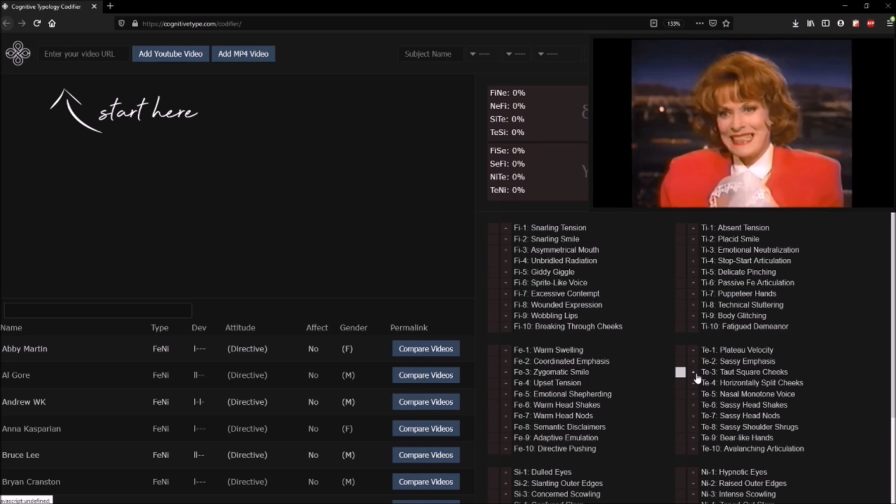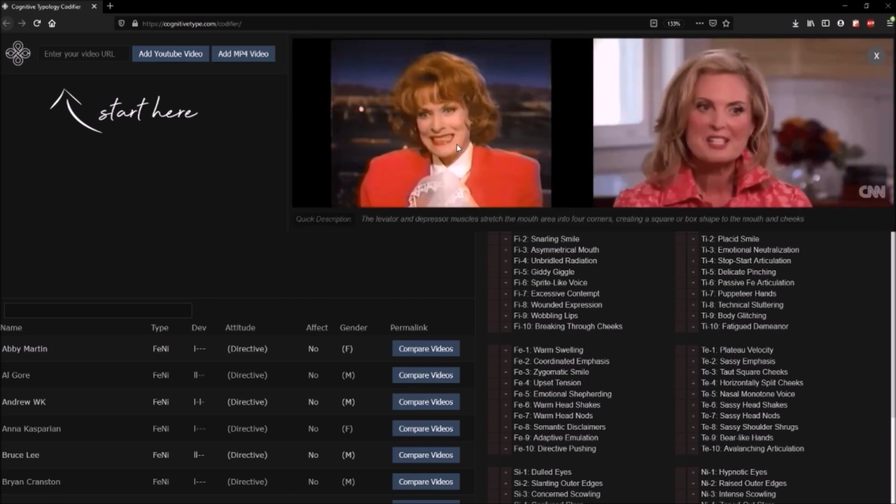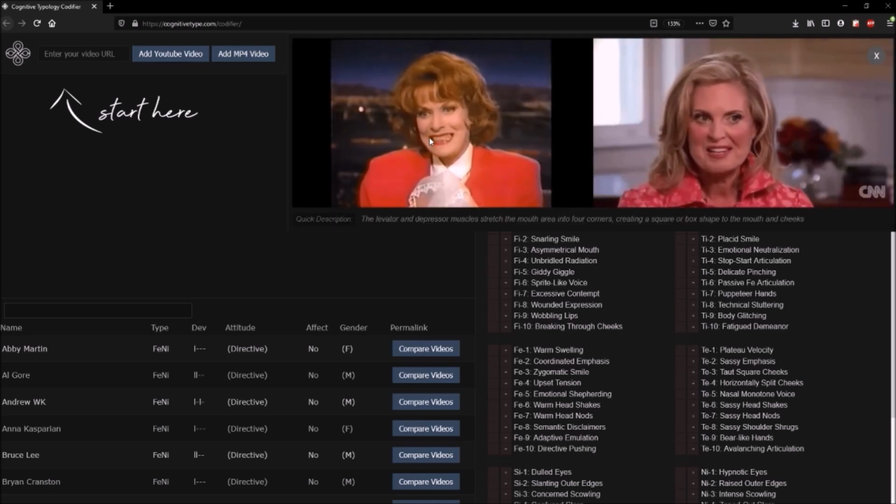Next we have taut square cheeks. As we discussed, this relates to the squareness of the mouth caused by the levator and depressor muscles, which are the ones activated with FI, pulling in both up and down directions, causing the mouth to take this shape. And we discussed how this can also extend all the way to the jawline, to where the entire contour of the jaw appears itself to be a square.